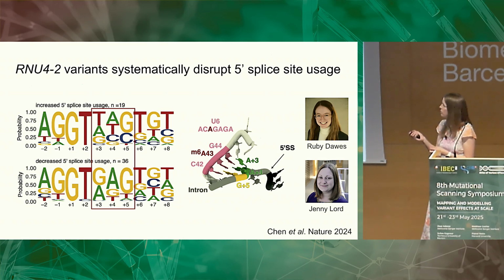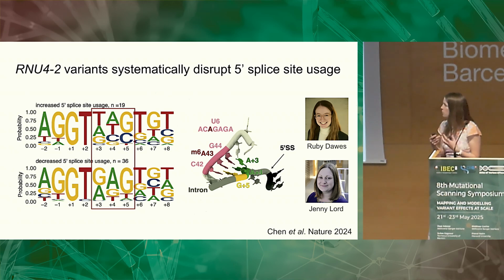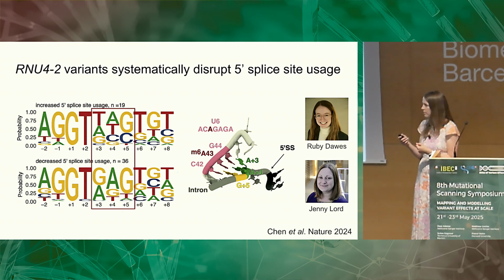But what really beautifully joins up the mechanism here is that these exact 3 base pairs of the 5' splice site, +3, +4 and +5, are what bind directly with this U6 ACAGAGA sequence, joining up and supporting that mechanism that these variants are acting by disrupting U6's ability to bind to that 5' splice site.